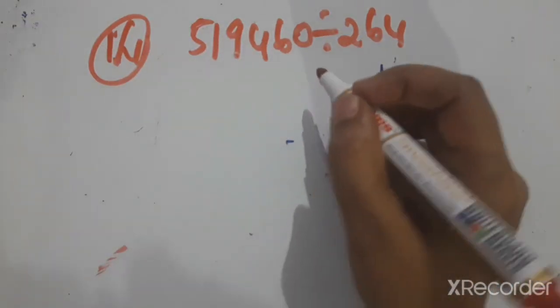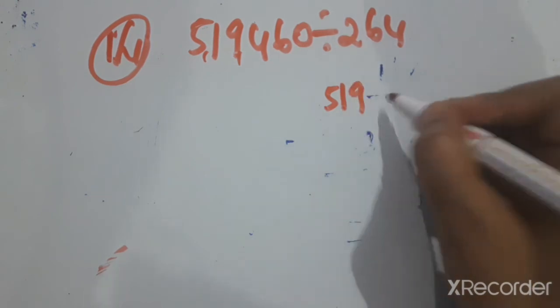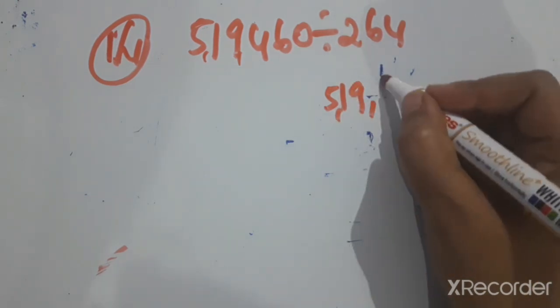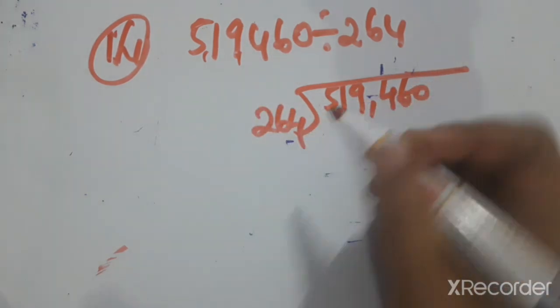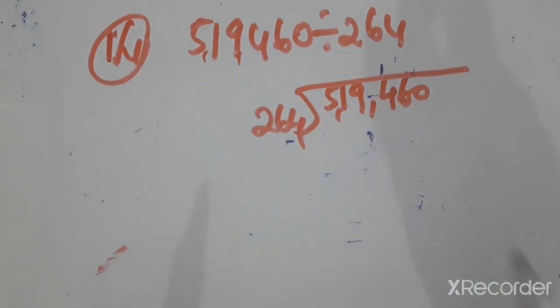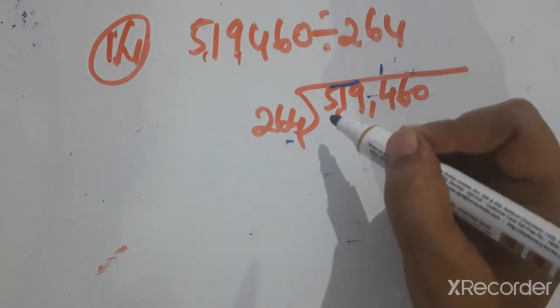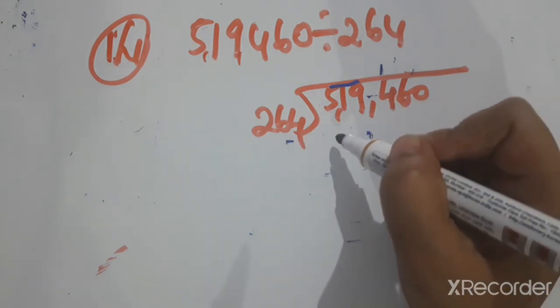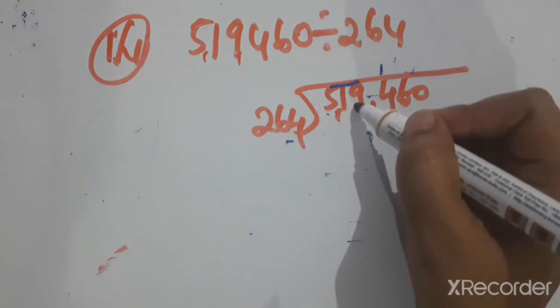Now next question, 5,19,460 divided by 264. So we have to take 3 digits, 519. 264 2s are 500 and change, 500 or 600 and change will come. That is greater than 519.